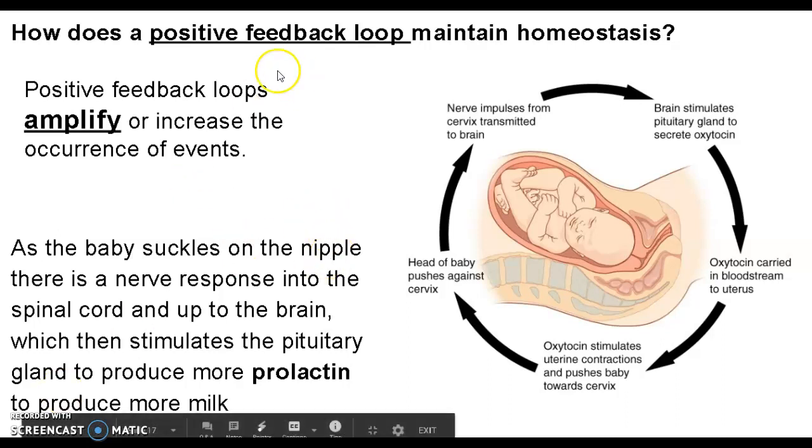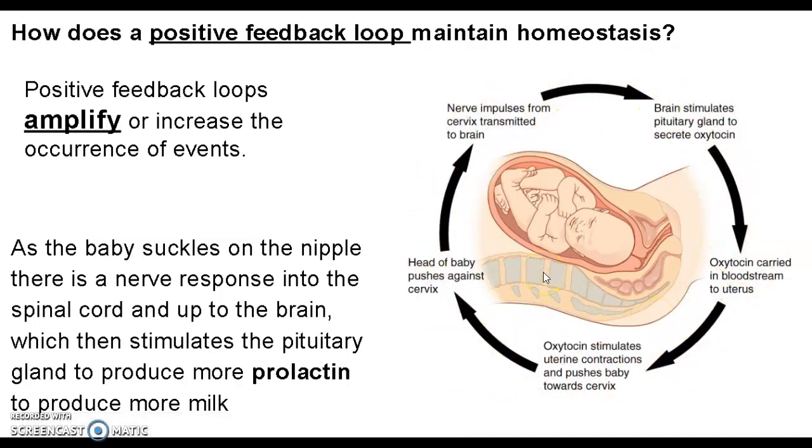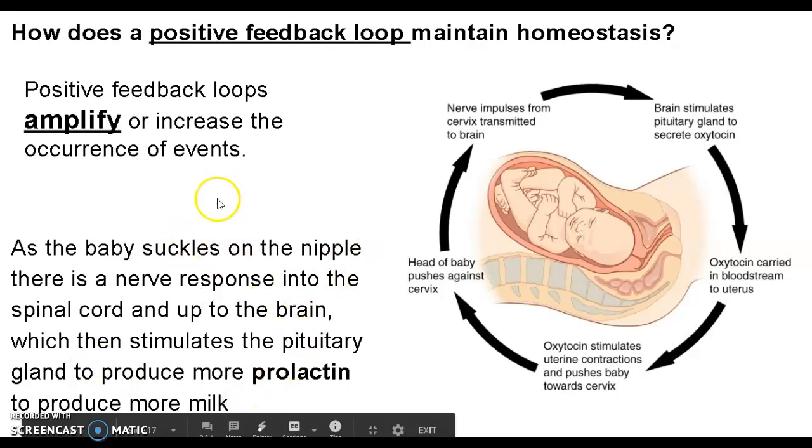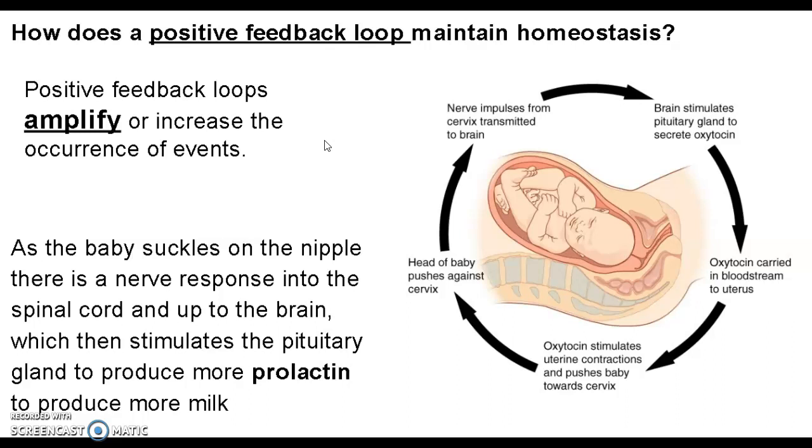So this is a positive feedback. We have an increase over and over. The response increases the stimulus until the stimulus is gone. These are very rare in our bodies. Childbirth and platelets and also lactation, milk production in women are just a few of the positive feedback loops.